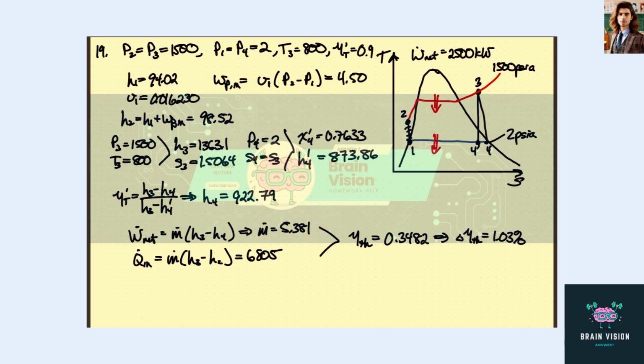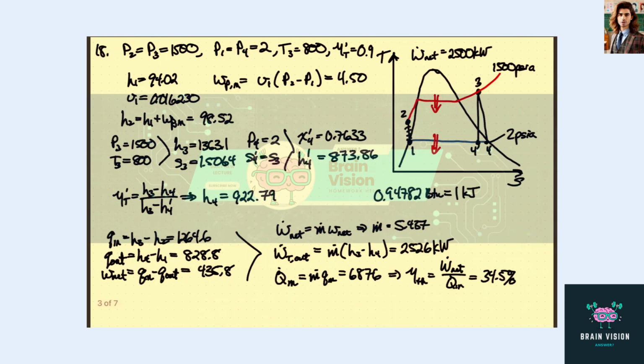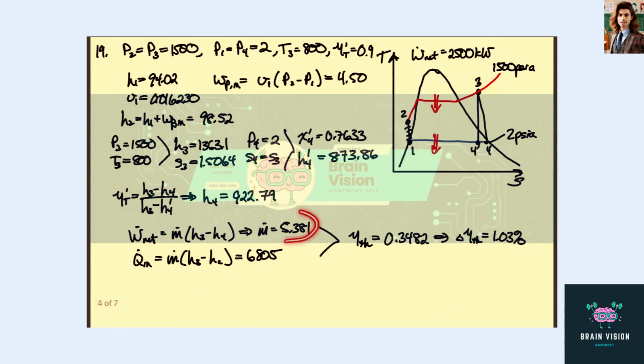Now, we can see that we have a slightly different mass flow rate, and it is slightly less because, to get the same power, we're neglecting some of the work that we're actually doing, so we'll need less of a mass flow rate.